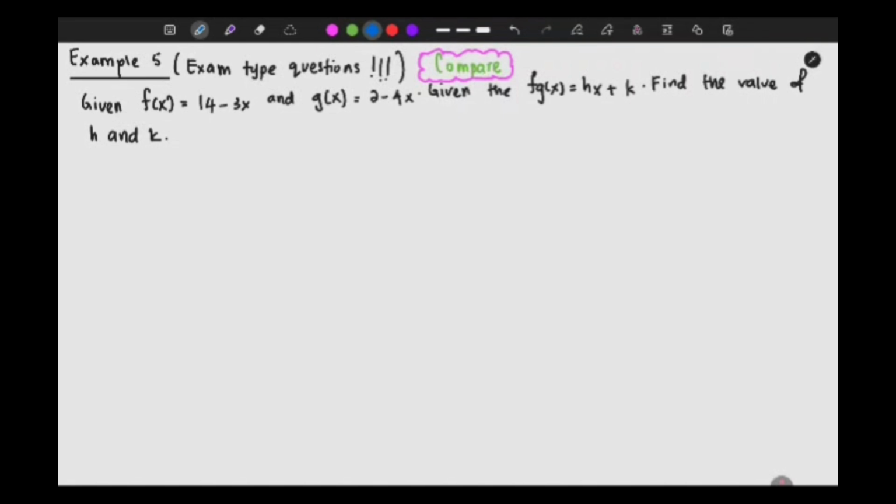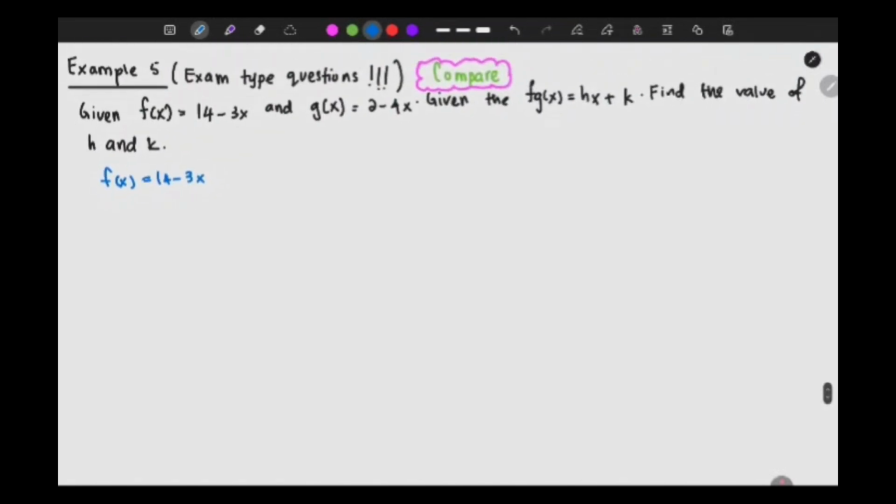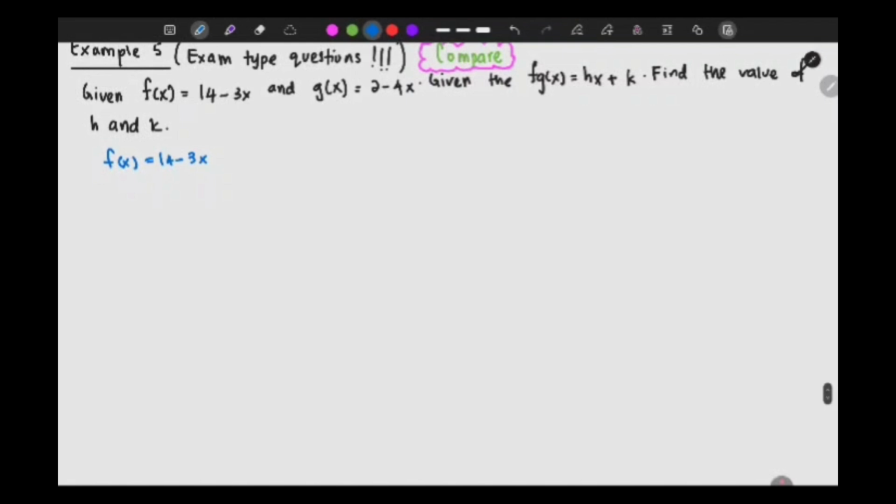They give us a gx, 2 minus 4x, and they do give us our fgx also, hx plus k. I got some problem with my eyes. Okay, find the value of h and k.